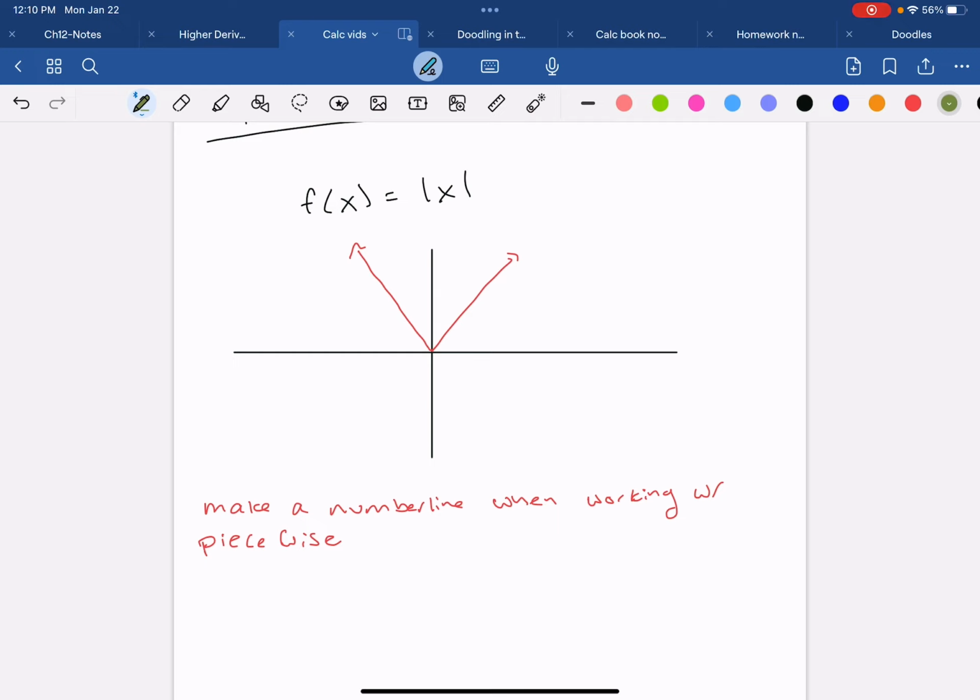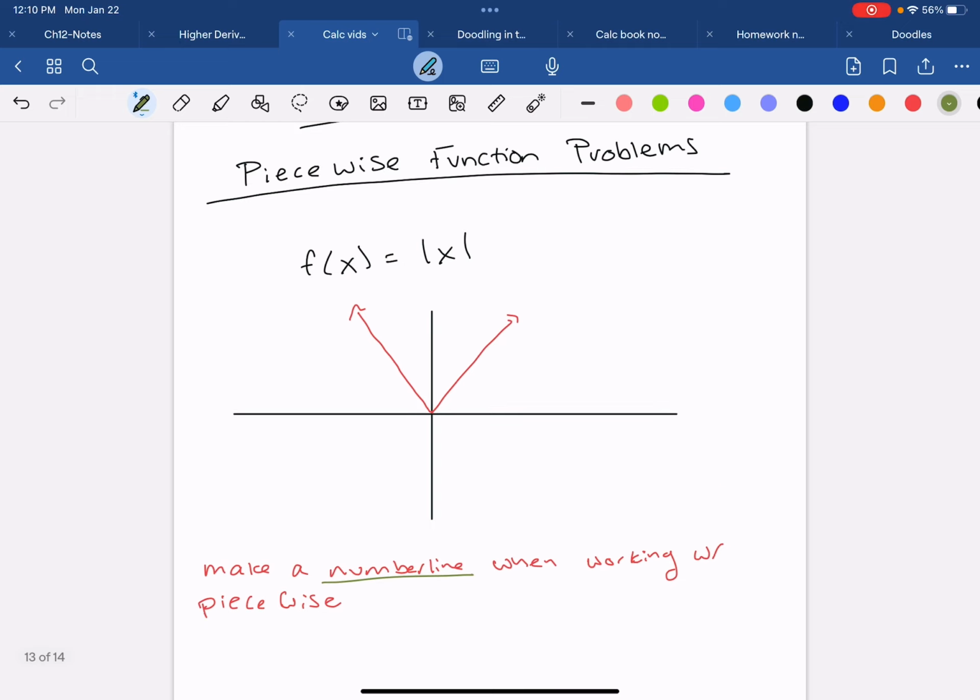This is still written in the original function form, f of x is equal to the absolute value of x. So before we can make a number line for our piecewise function, the first step is going to be turning this into the piecewise function format.